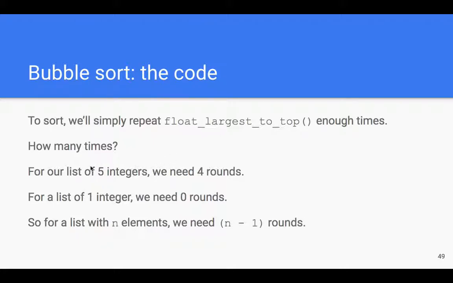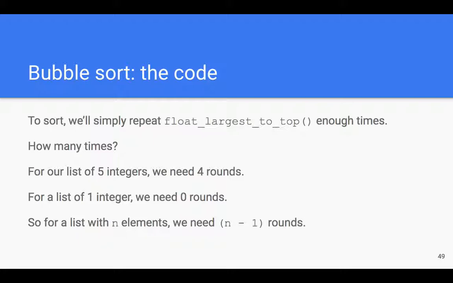Remember, if you kind of remember what we actually did previously, for our list of 5 integers, we needed 4 rounds. Okay, and then if you think about it, if your list only has 1 integer, how many rounds do you need? Well, 1 integer is kind of already sorted.